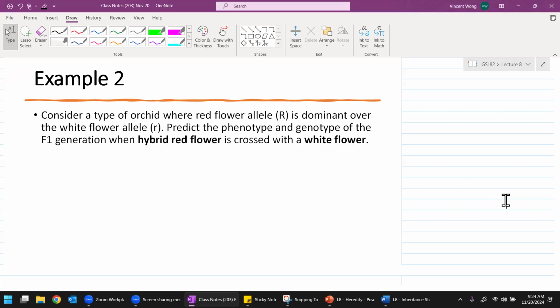What's the answer? Very good. So white. This is not white.